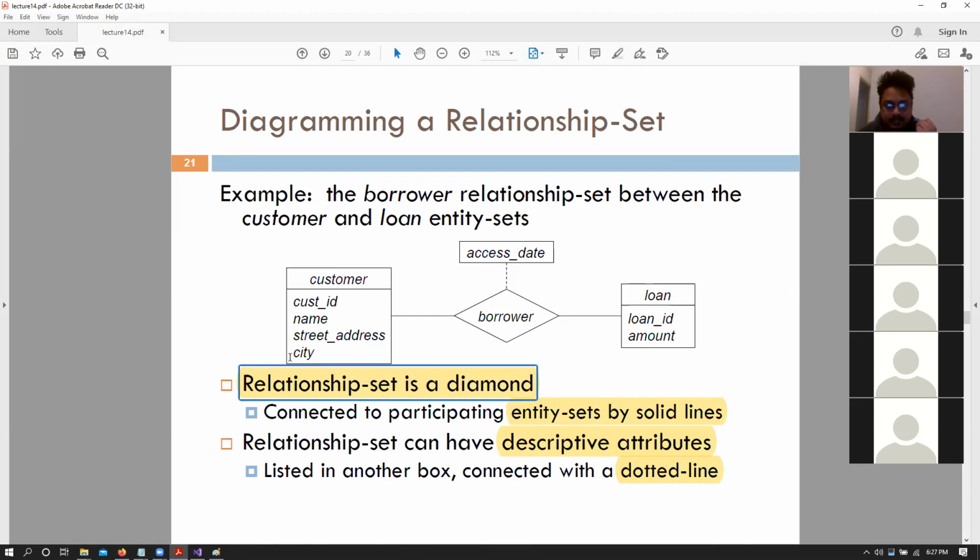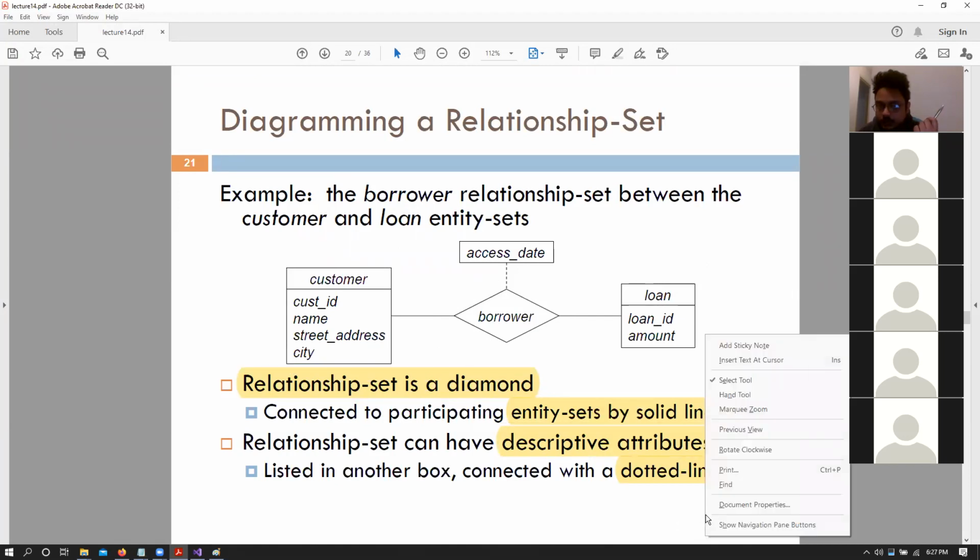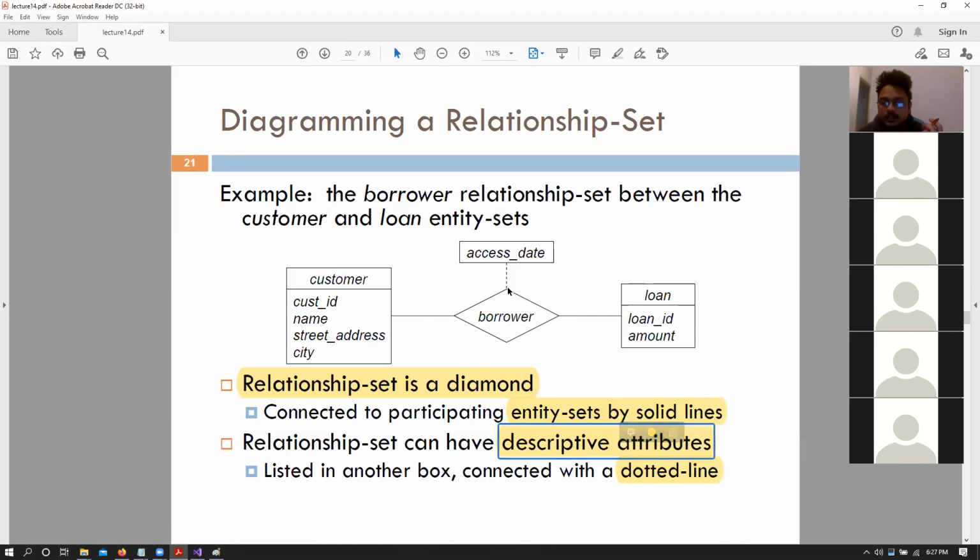Entity sets are basically those boxes that we talked about, and we can also have relationship descriptive attributes, right? Descriptive attributes are usually represented by a dotted line and then a box on top of it. So you can ask when the loan was given. You can say access date is a descriptive attribute for this borrower. So now we are visually representing what the relationship is between these two tables, right? We have a customer entity that has these attributes.